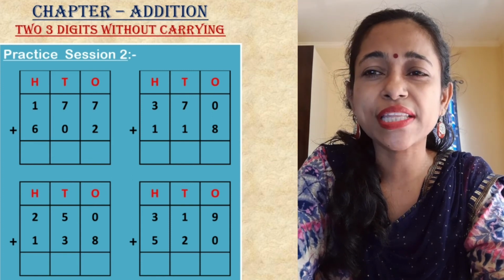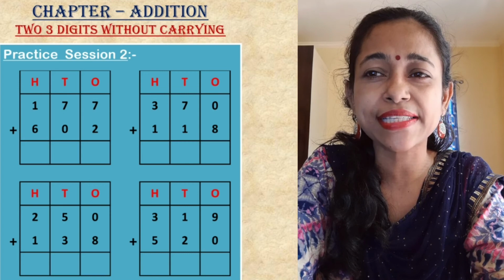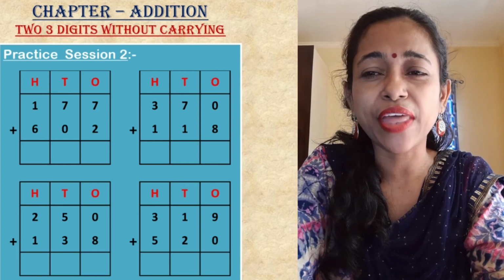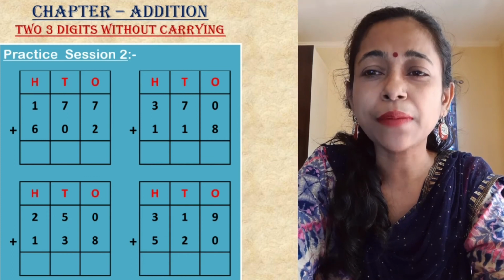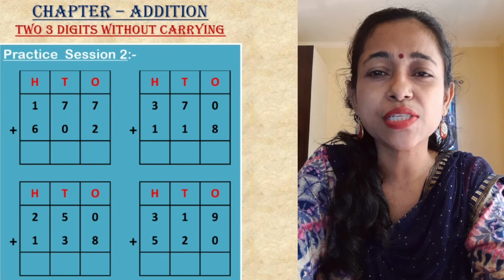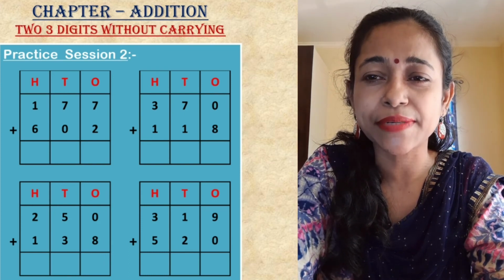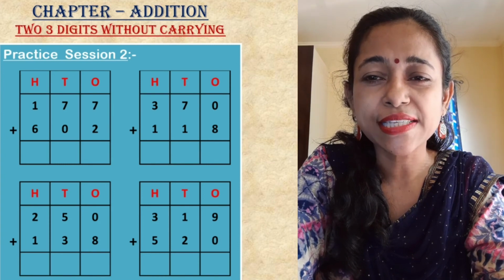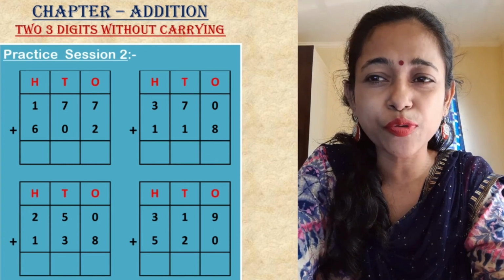The second sum is 370 plus 118. So in the same way as you have done in the practice session 1, similarly you will count onto your fingers and then you will do the addition. Come to the third sum. It is 250 plus 138. So you will count on the ones place, 0 plus 8. All of you know the answer.